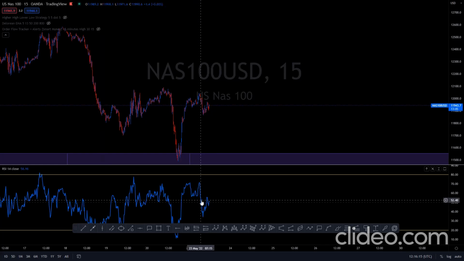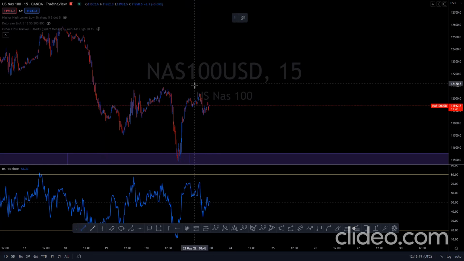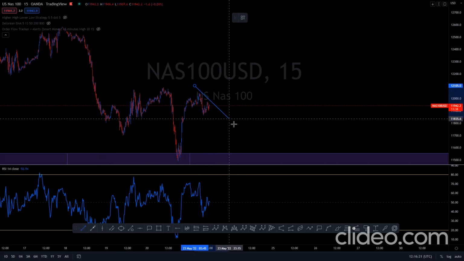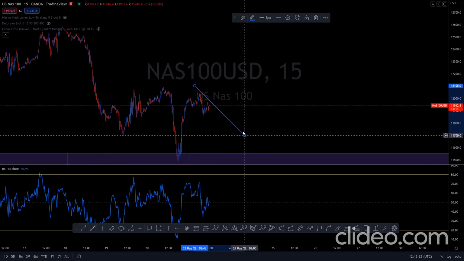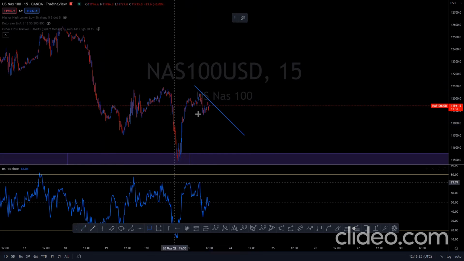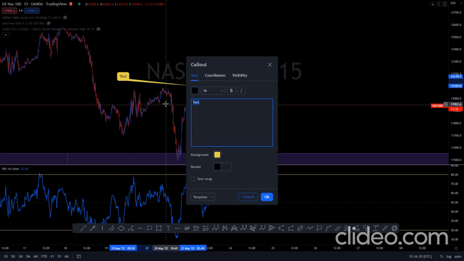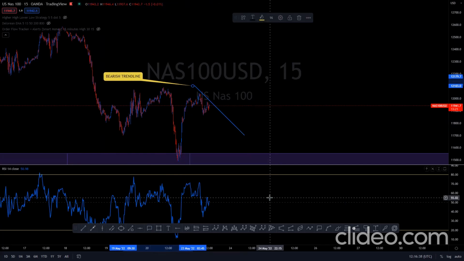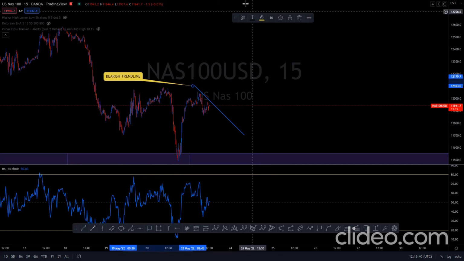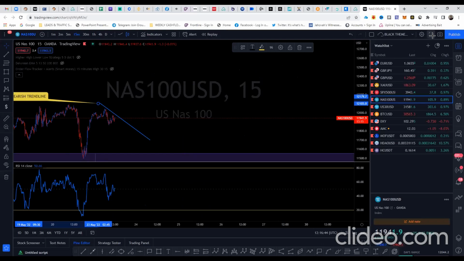And then you can kind of see that here on the RSI. So I'm going to draw a trend line to say that it's overall bearish at this point. And then I want to draw a note here that says bearish. So that's what I think, that price is going that direction at this point.